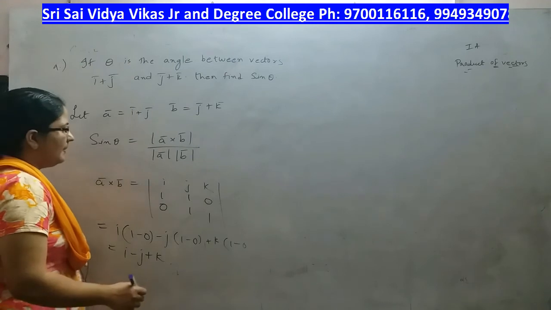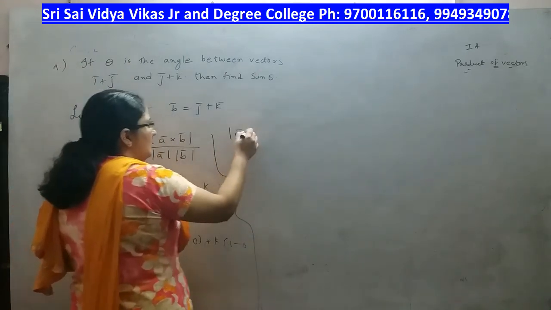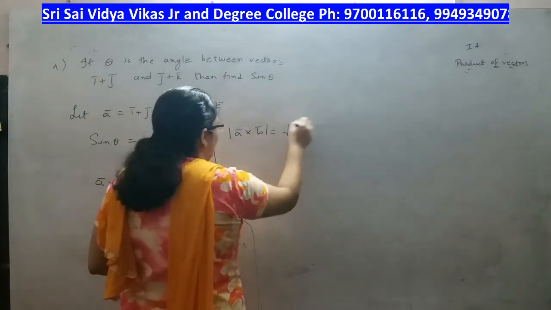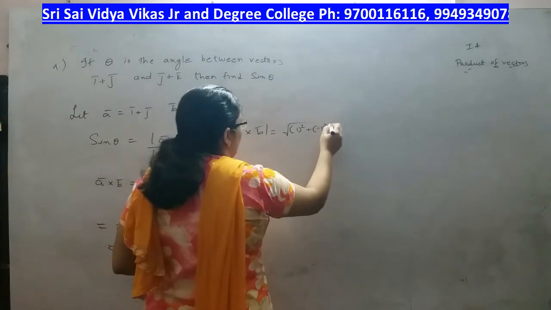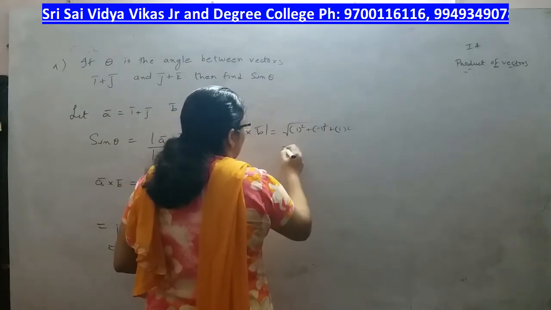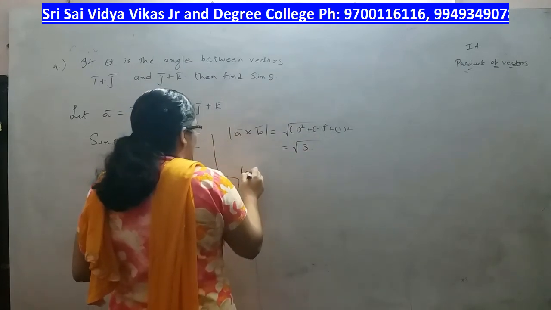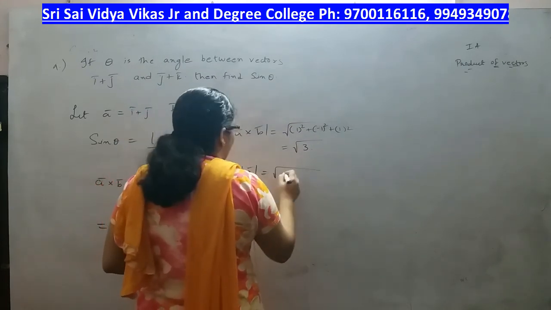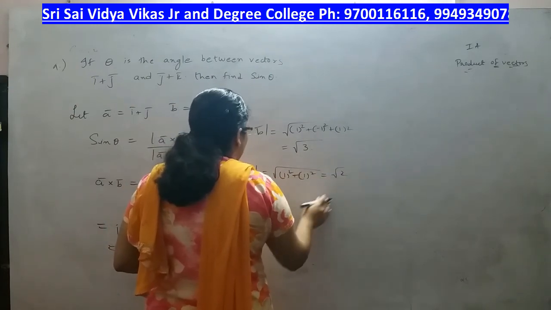Now modulus of a bar cross b bar is equal to under root of 1 square plus minus 1 whole square plus 1 square, that is root 3. Modulus of a bar is equal to root of 1 square plus 1 square, that is root 2.